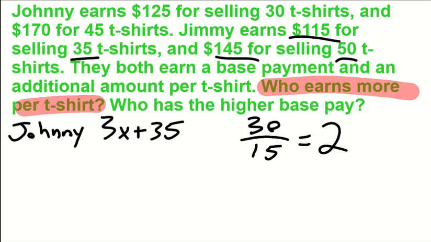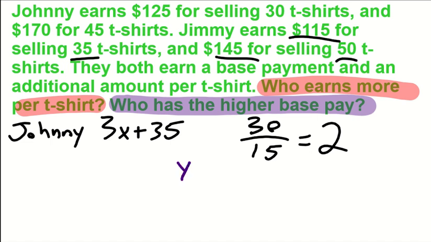If it asks for something like higher base pay, that's your y-intercept. That means you have to find the y-intercept for both. So if we keep going with Jimmy here, y equals mx plus b.